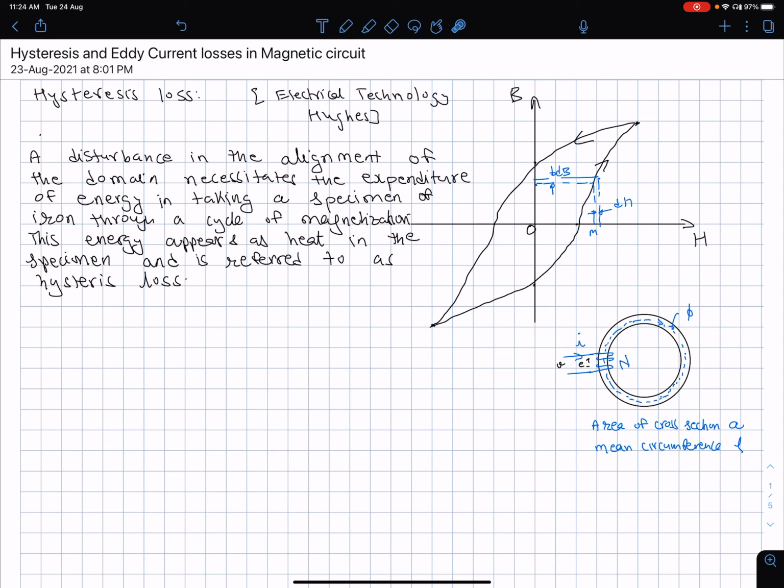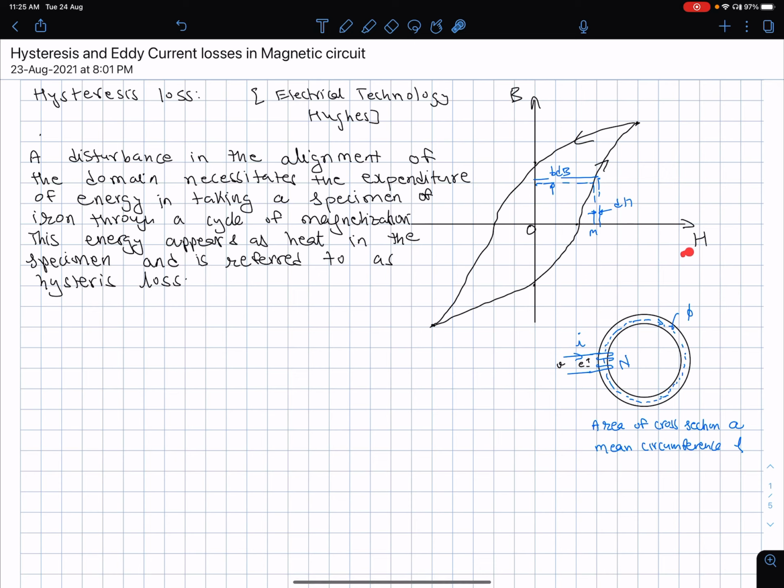So we have already seen that this area has to have some connection with the hysteresis loss, and we had seen earlier, when we had calibrated this with flux axis and this with MMF axis, that it is the total energy loss which is associated with this cycle.